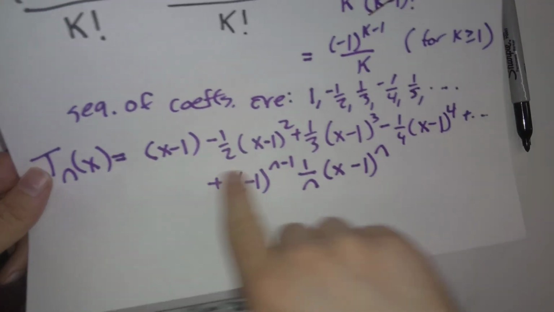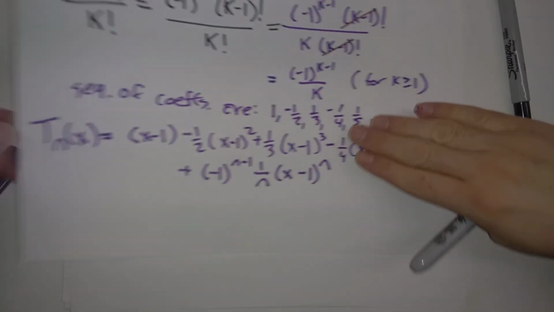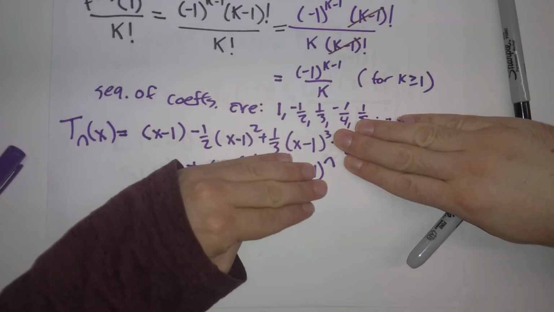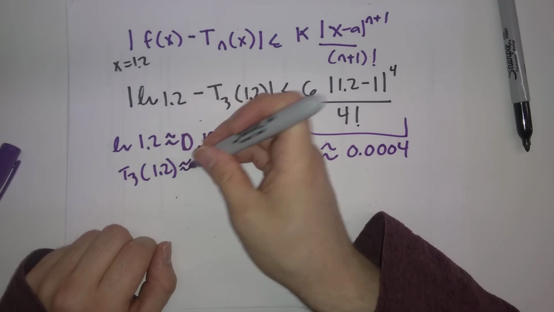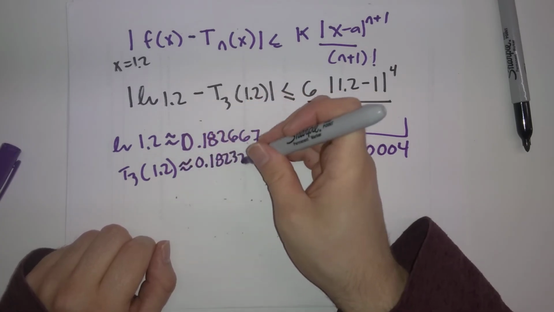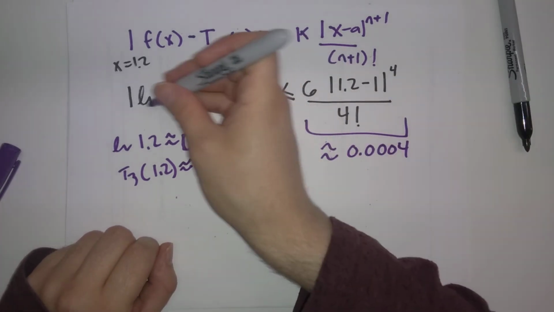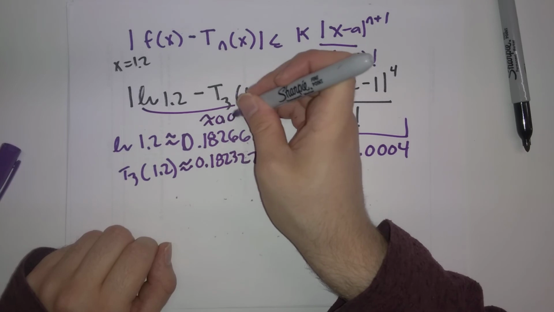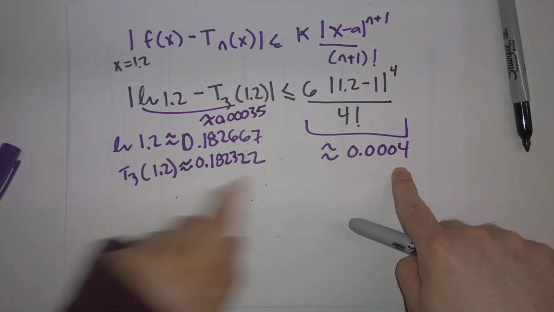We've got the general formula here for t sub n of x, so we plug in t sub 3, and we stop there. So t sub 3 of 1.2 is about 0.182322, and so the error here is about 0.00035, which sure enough is a little bit less than 0.0004.